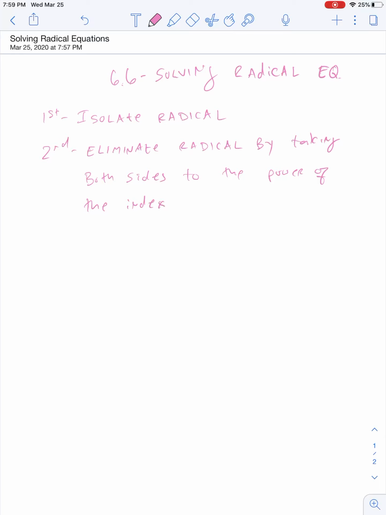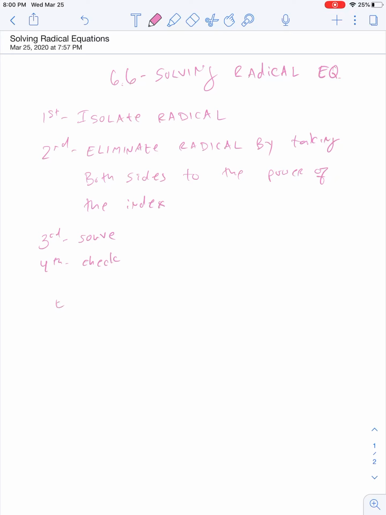All right, so we want to isolate the radical first, then we eliminate the radical by taking both sides to the power of the index. And then your third step is now you can solve. Fourth step, obviously, to check.